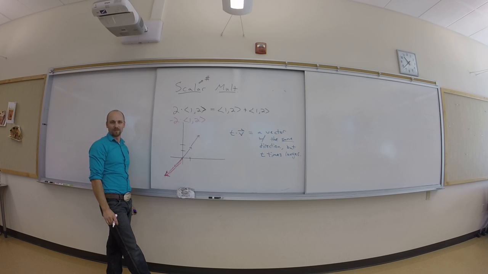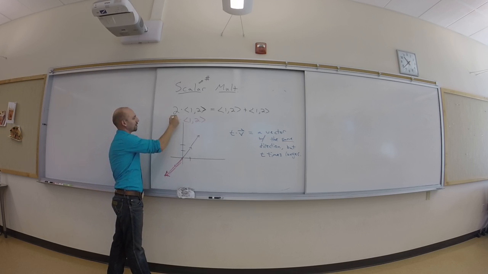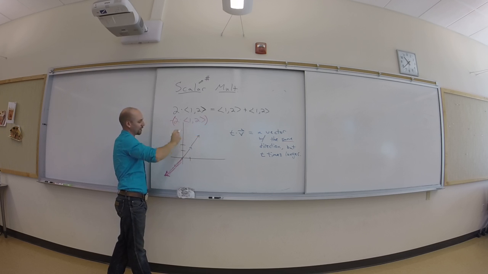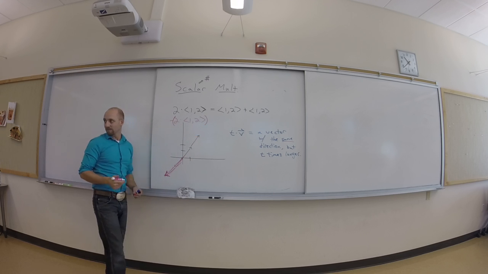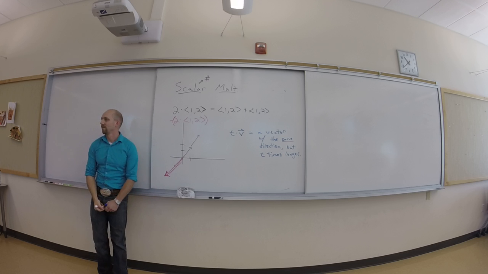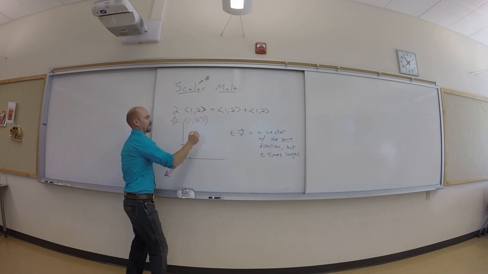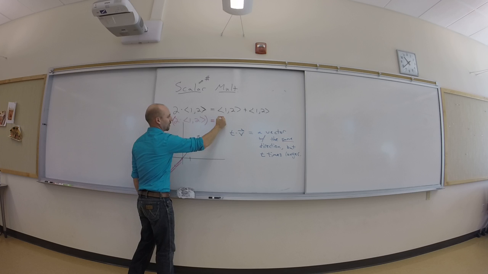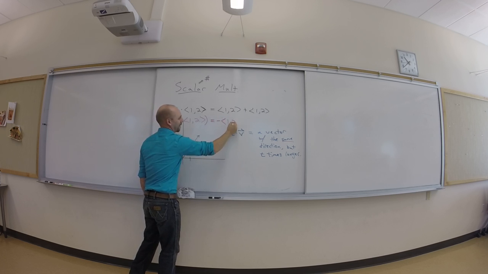So it wouldn't start at 1, 2. It would automatically just go straight down from wherever it started. Okay. So you could think about this as do this bit, hit the black one, then flip it over. So would that be negative 1, 2 minus 1, 2, or would that be 1, 2 minus 1, 2?